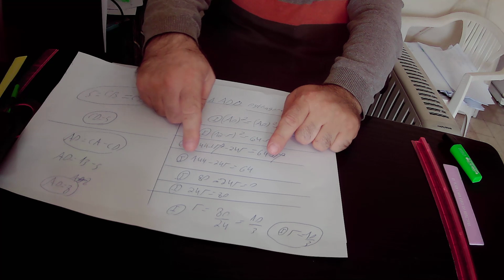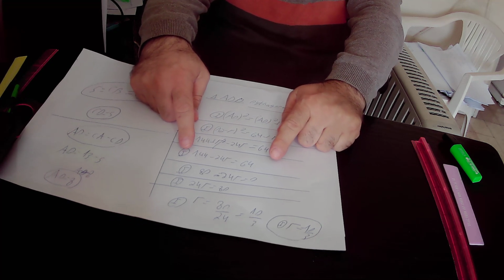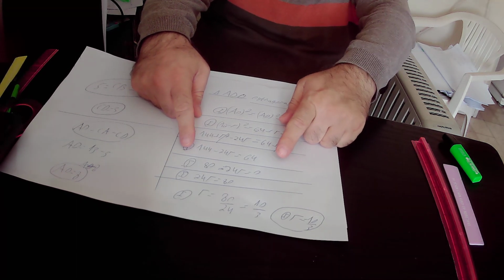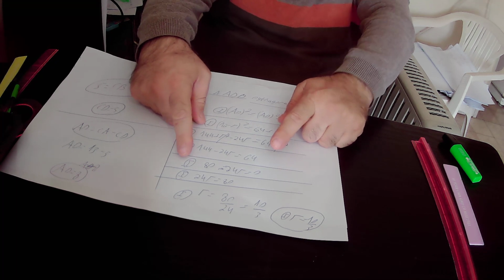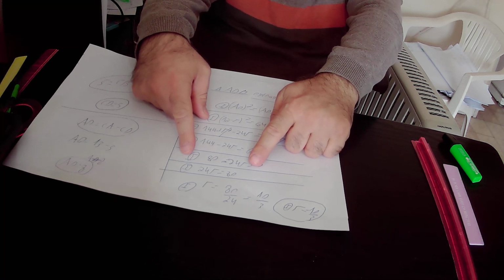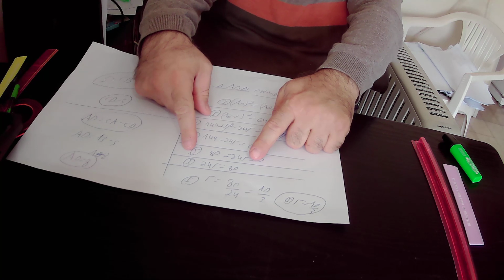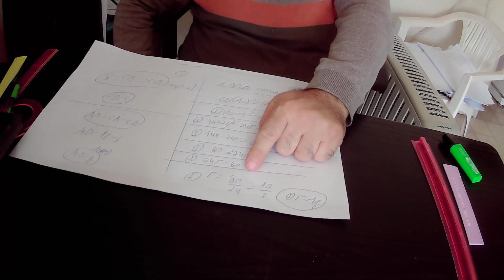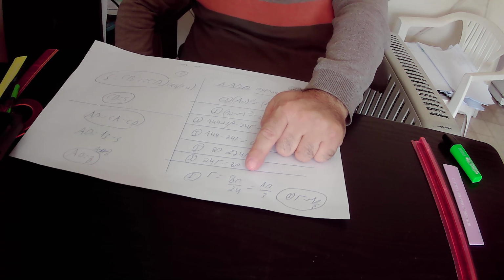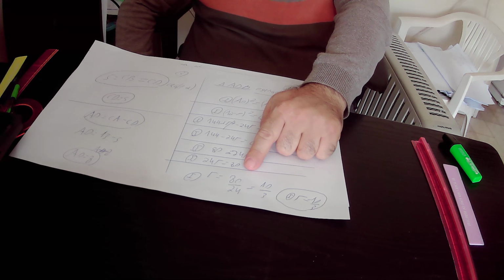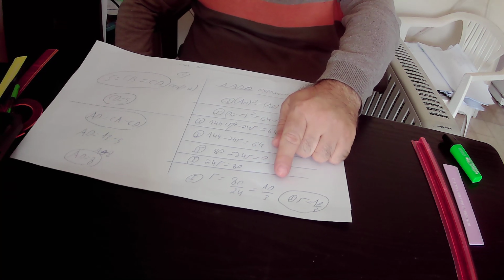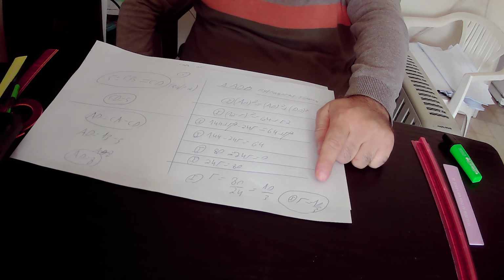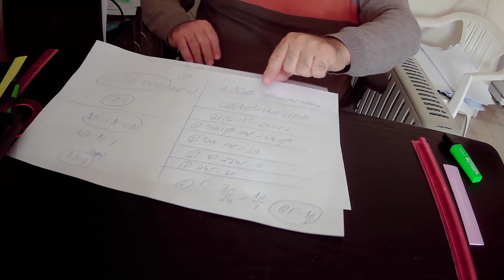So 80 minus 24R equals 0. We added 24R, and we got that 24R equals 80. We divided by 24, and we got that R equals 80 over 24. We divided both the numerator and the denominator by 8, and 80 over 8 is 10, and 24 over 8 is 3. So in conclusion, we found that the radius of the semicircle equals 10 over 3 units.